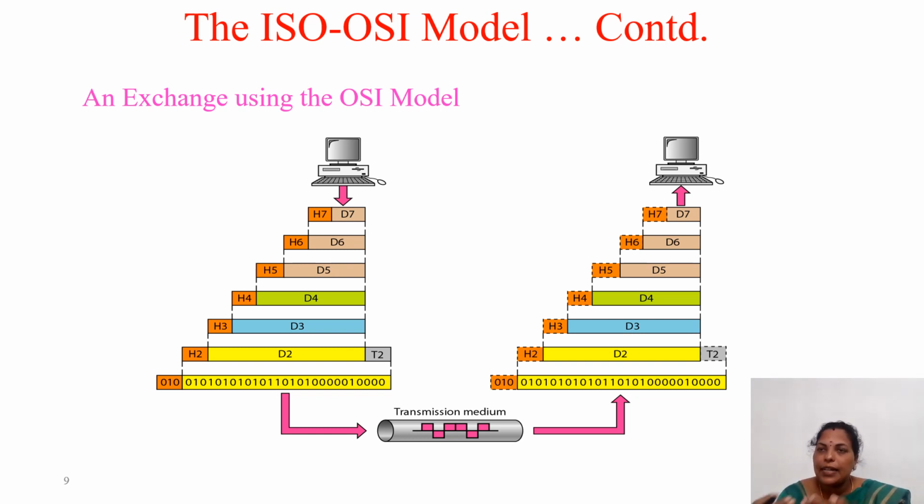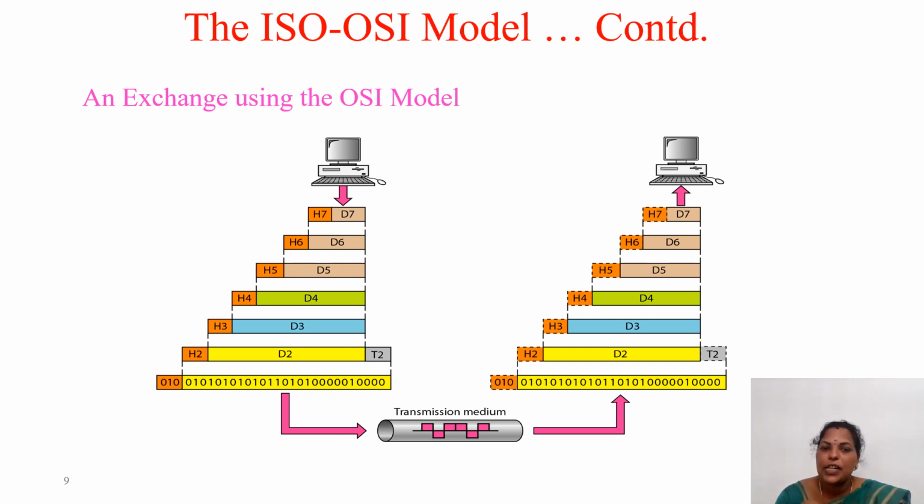But H7, D7 is just passed to the presentation layer. The presentation layer doesn't know that H7 is there and D7 is separate. It just accepts it as a single packet.